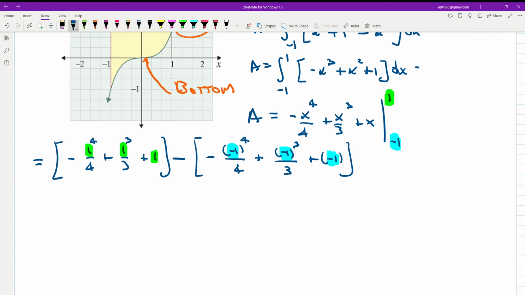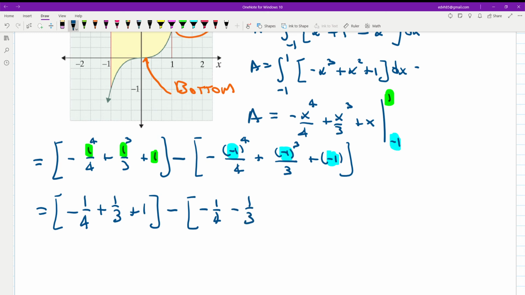For the first group of parentheses, that's going to give us -1/4 plus 1/3 plus 1 minus -1/4, because negative to the 4th power becomes positive, but times the negative in the front, that remains -1/4. And then negative cube becomes a negative, so that's a -1/3. And then minus 1 plus a -1, that becomes a negative. A few cancellations here, by the way.